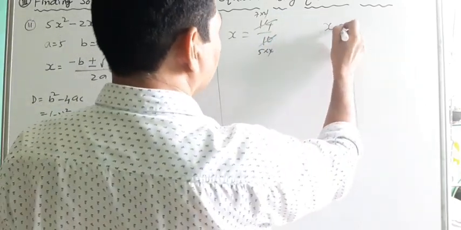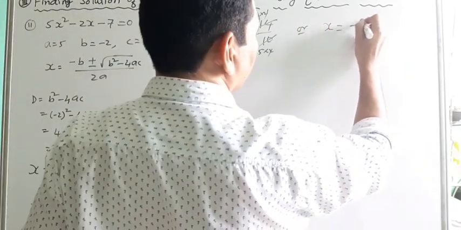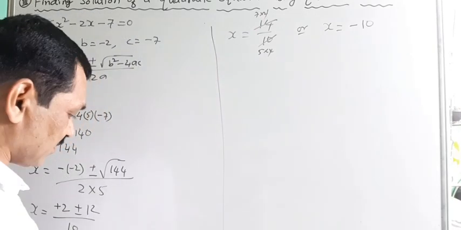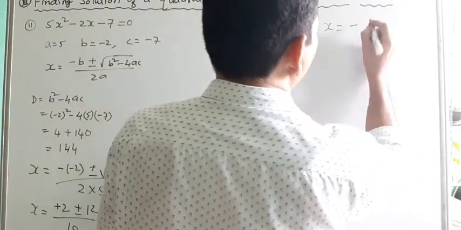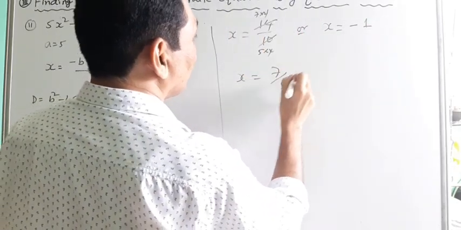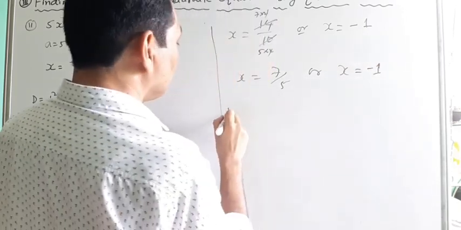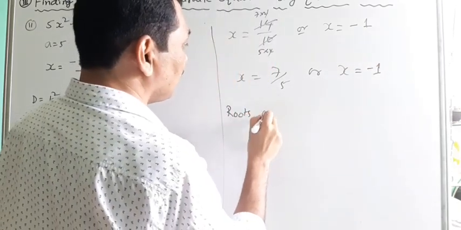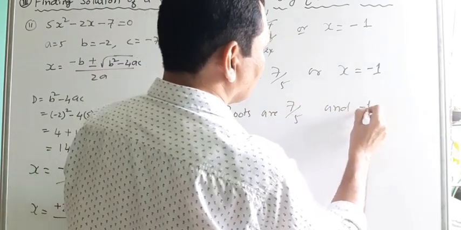And x is equal to minus 10 upon 10, which is minus 1. So x is equal to 7 upon 5, or x is equal to minus 1. Therefore the roots are 7 upon 5 and minus 1.